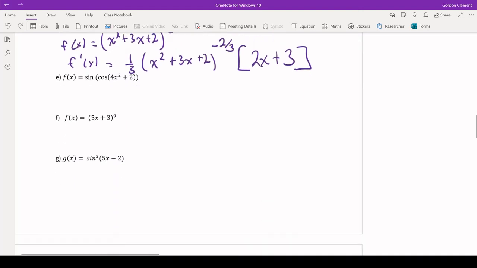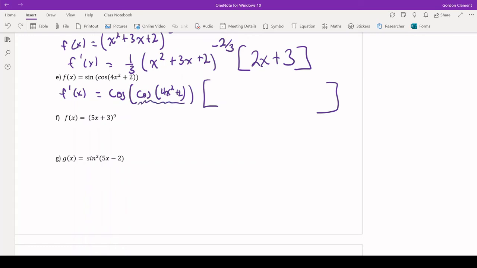This next one looks crazy. It is a bit crazy. It's basically a chain rule inside of a chain rule. So f prime of x is, do the derivative of the outside. Derivative of sine is cos. Leave the inside function there. So the inside function is cos of 4x squared plus 2. Now the chain rule says multiply by the derivative of what's inside. So what's inside is cos of 4x squared plus 2.